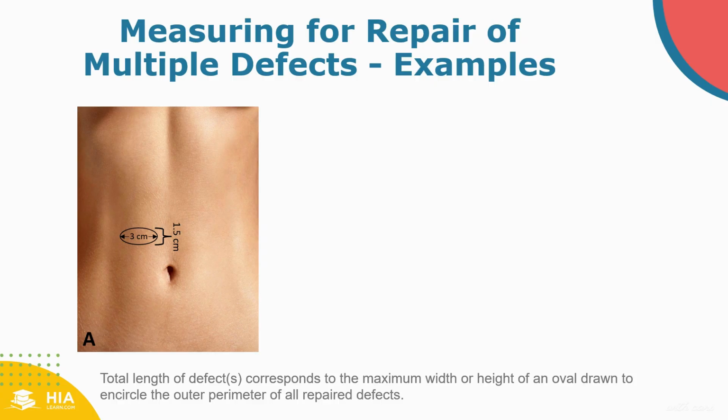When repairing a single defect, code selection is made based on the maximum width or height of the defect. Since the transverse length or width of this defect is longer than the craniocaudal length or height, the CPT repair code will be selected based on a defect length of 3 centimeters.